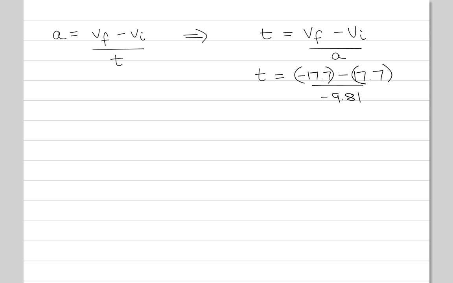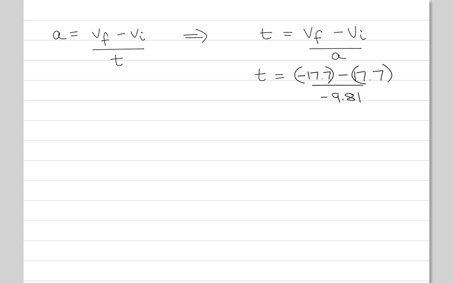So stare at that and make sure you remember that. If you don't remember that little trick, you'll never solve these problems. This is usually the go-to. So the final velocity, subtract the initial velocity. Notice the subtract in there. The formula dictates the subtract. It has to be subtract.